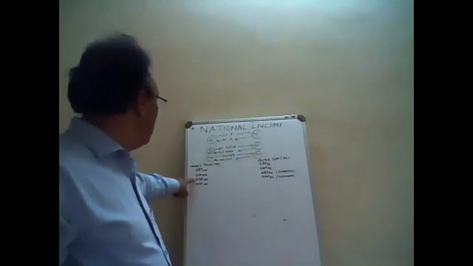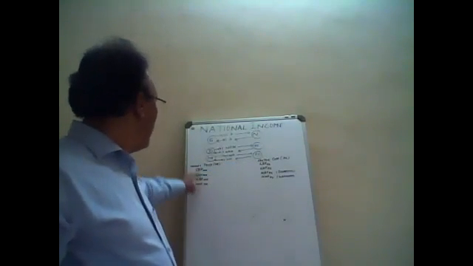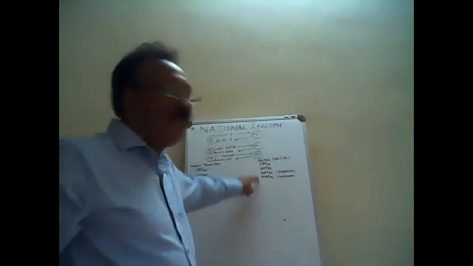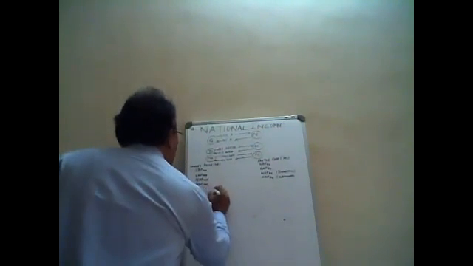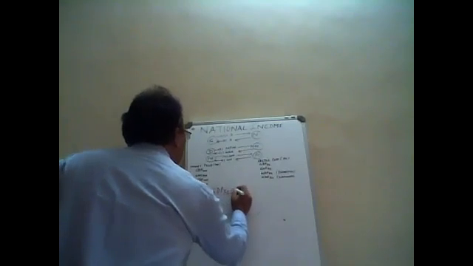Now children, like I said, I am leaving you to find NDP market price with all the 3 values here and all the 4 values here. I am leaving you to find NNP market price with all the 3 values here and all the 4 values here, 7. Now I am coming directly to GDP factor cost, when what is given?